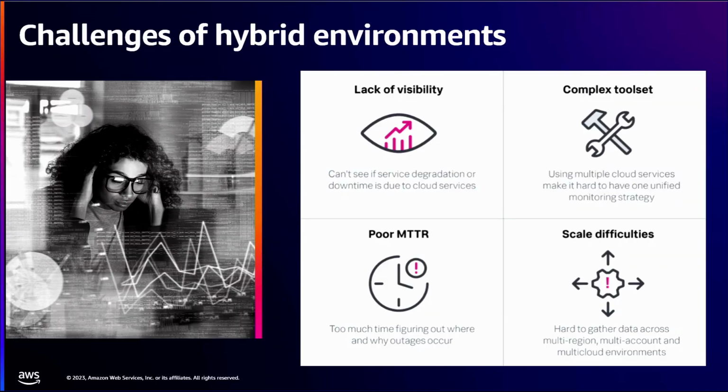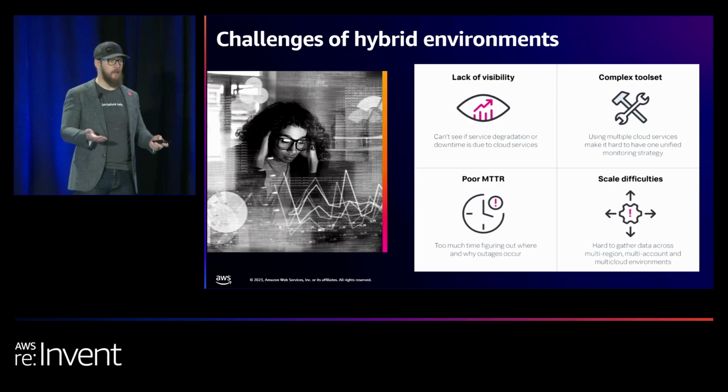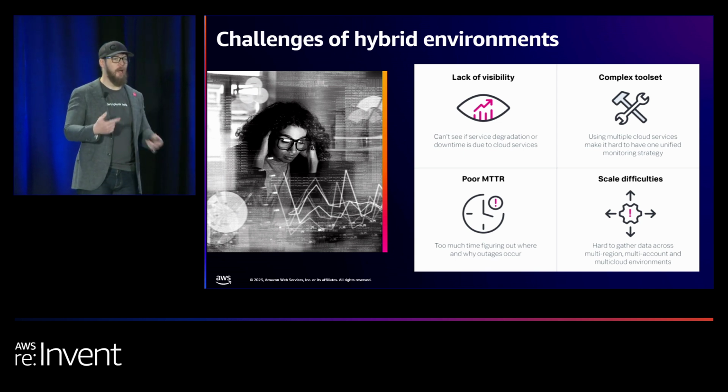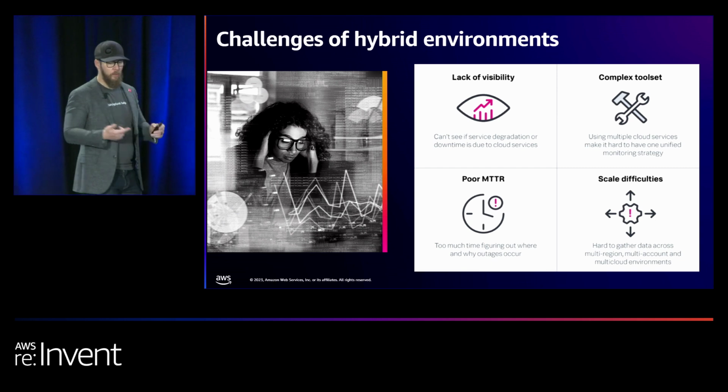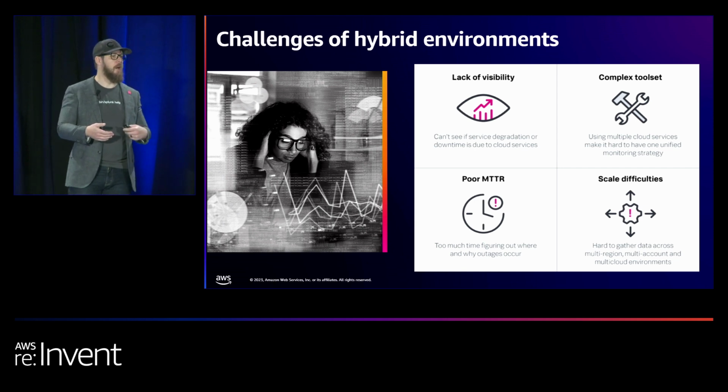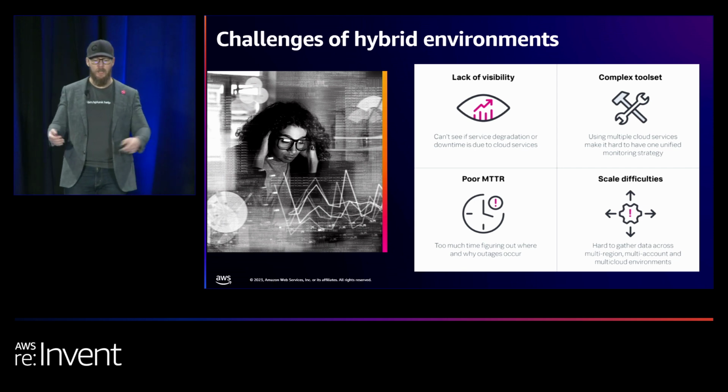In addition to that long tail of assets and things that you're going to have to manage just in hybridization itself, there are other challenges of having hybrid environments on their own. First one is lack of visibility. Even though you may have that long list of tools for each thing, not being able to see how that hybrid environment is interoperating is a problem, or lack of visibility when you're migrating something from a monolith into microservices and making sure that you don't lose fidelity or cause problems for your customers.